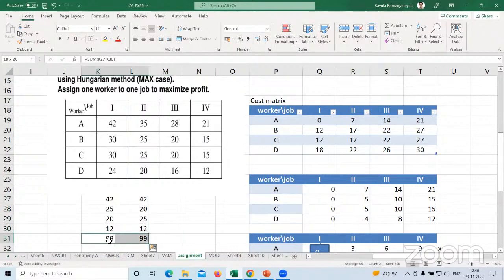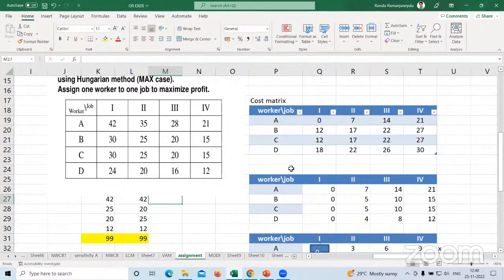This is actually the profit maximization given. So this is the profit when we allocate one worker to one job. The answer is the same, 99, if you go with B to 3 or B to 2, because these two values are equal.